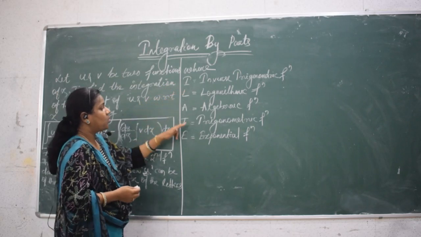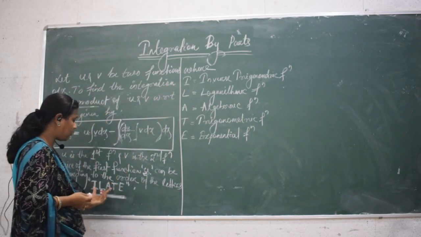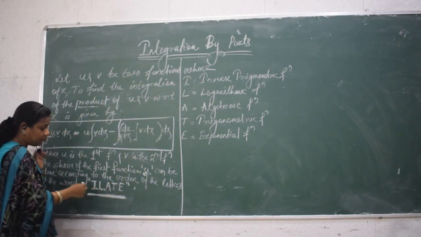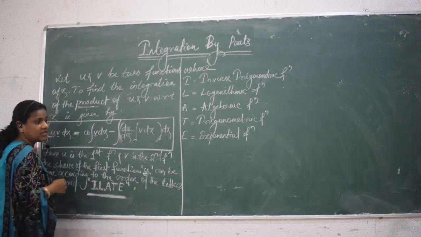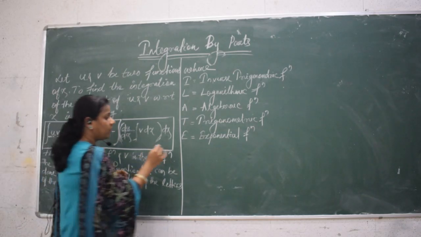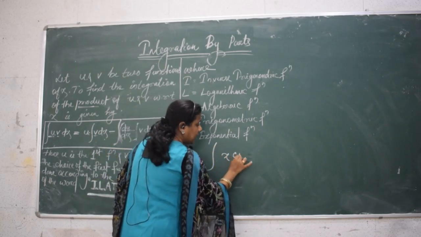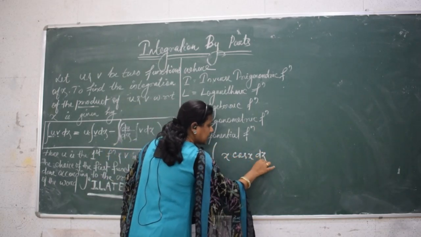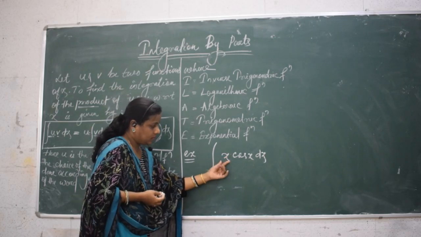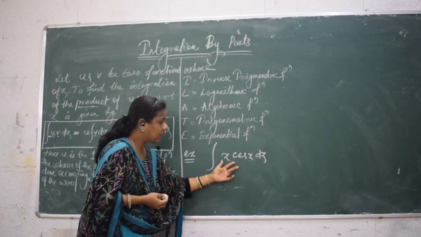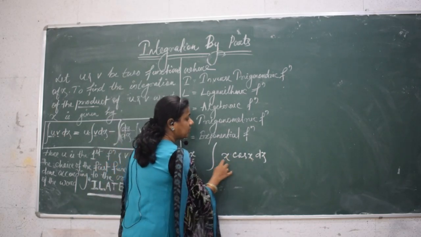So which function will come first according to this order? For example, take the integration of x cos x dx. Here two functions are there in multiplied form. So how to choose u and v?